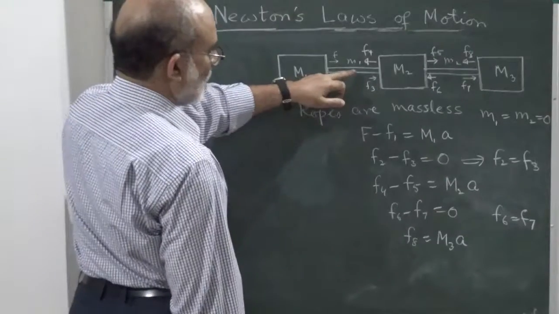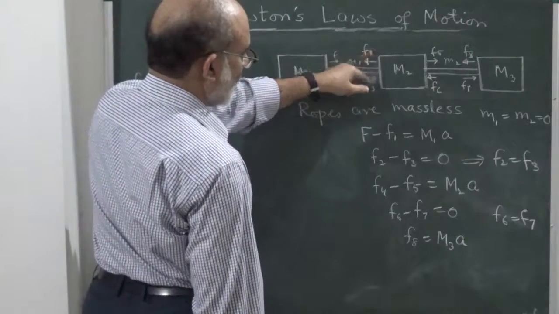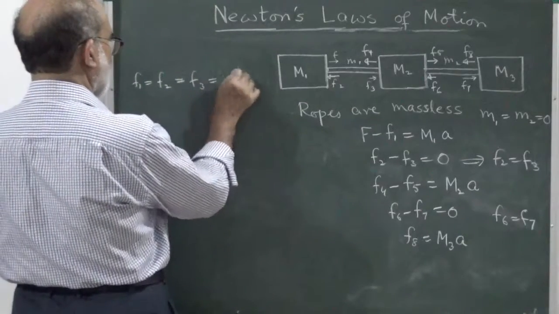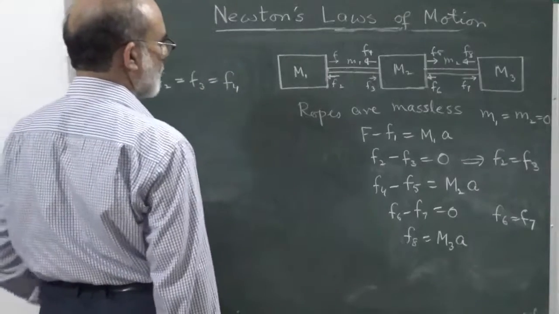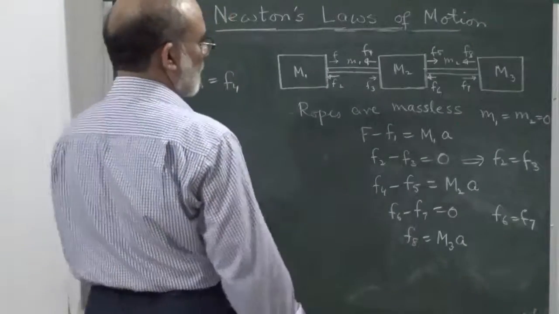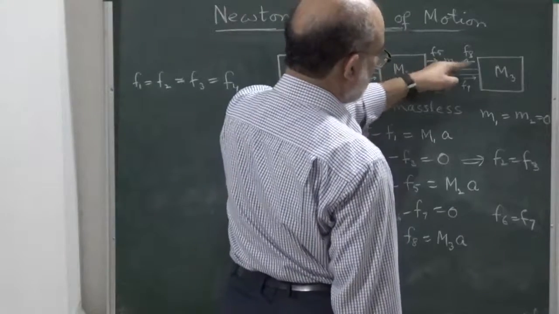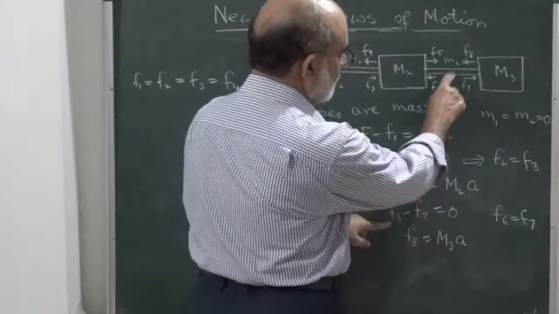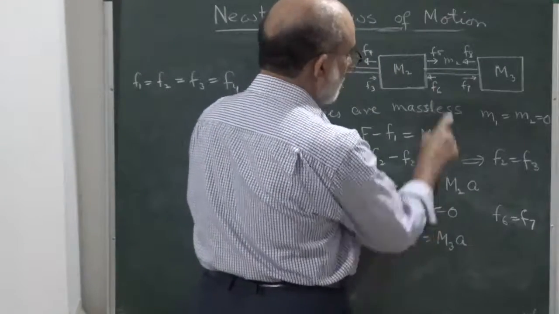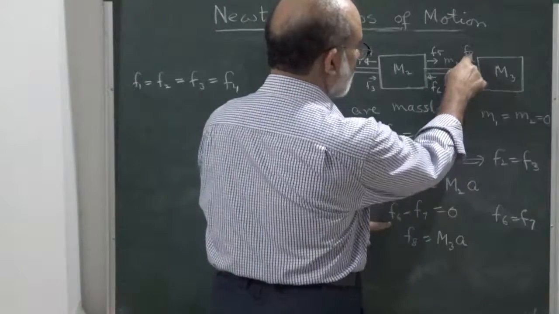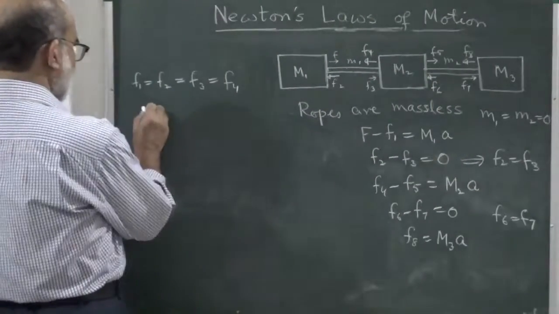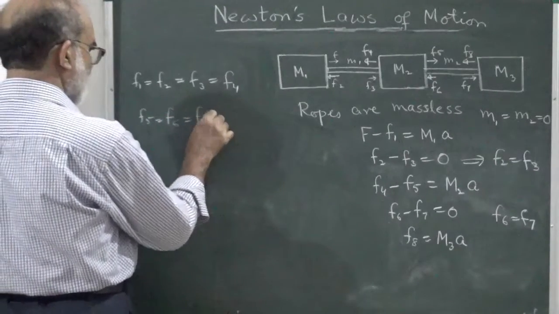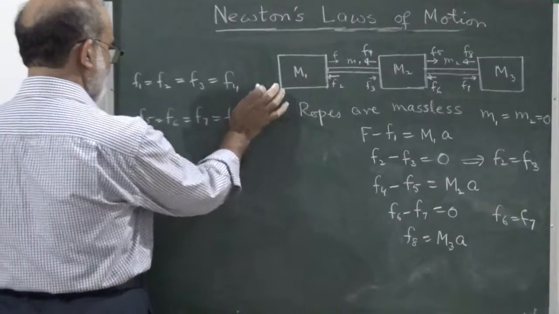Now in this case, ropes are massless. F3 and F4 were equal, but F2 is equal to F3 and F3 is equal to F4. Now here, F5 and F6 were action-reaction, but F6 is equal to F7 because of ropes being massless. So F5 is equal to F6 is equal to F7 is equal to F8.